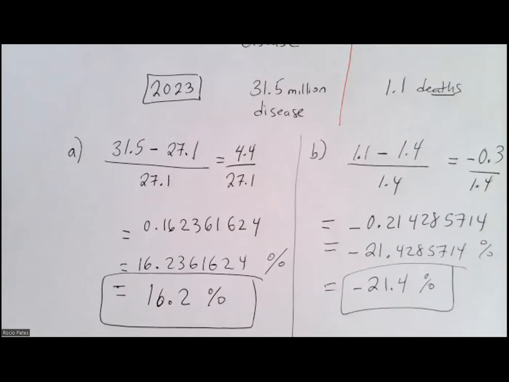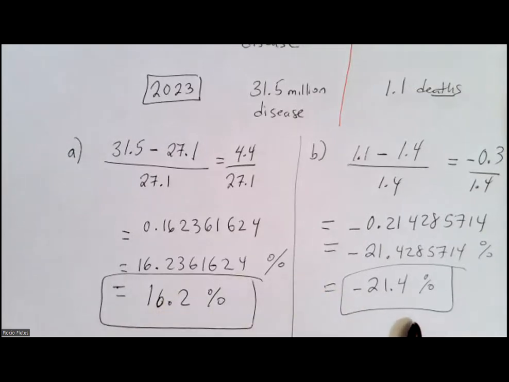So the two conclusions you can draw are that the number of people living with the disease increased by 16.2%, but the number of deaths decreased by 21.4%, which means the disease became less deadly. So that's question number 9.